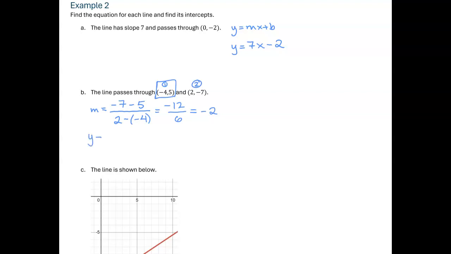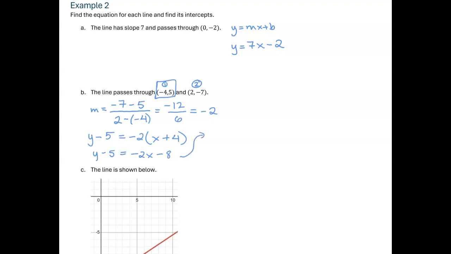Point-slope form says you take y minus the y value of one point on the line, so we'll use 5, and that equals your slope times x minus the x-coordinate of that same point, which is -4. So this will become a +4. So y minus 5 equals -2x minus 8.